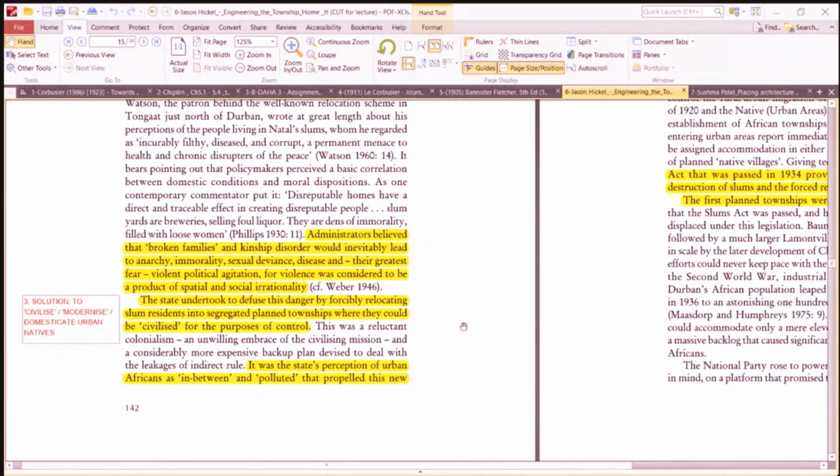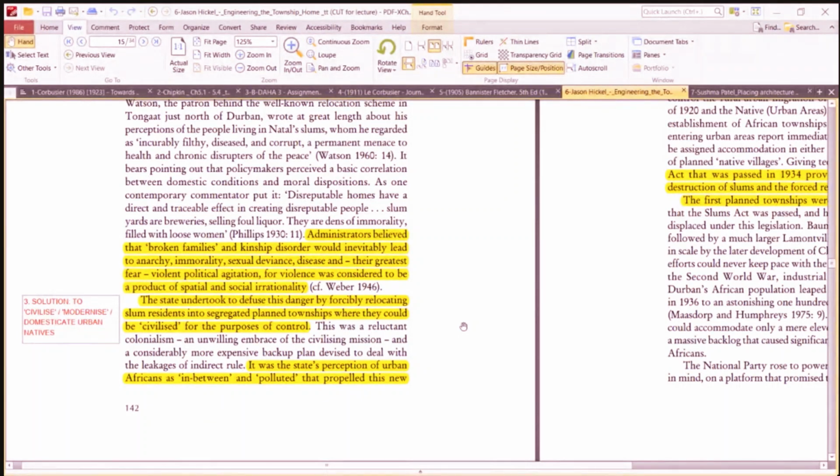So how are we going to manage them? We are going to build townships for them to live in. And we are going to design those townships in such a way that they are separated from the places that white people live, and they are spaces that will control and manage those black urban Africans and civilize them so that they will become more docile and more manageable and not pose a threat to us.